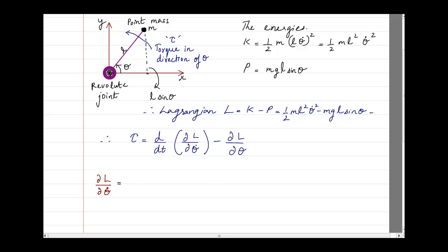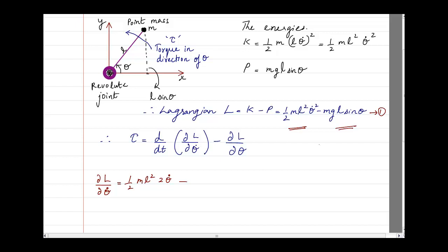And what is that? So we have to differentiate this equation. This is my Lagrangian, so I will write this as equation 1. If I differentiate equation 1 with respect to theta dot, you can see the first term only has theta dot, the second term has theta, not theta dot. So for the first term, I will get half m L square, and if I differentiate theta dot square, I will get 2 theta dot.